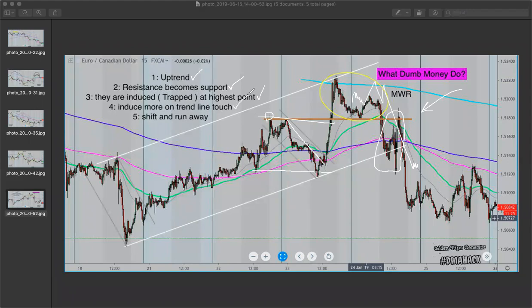So check when induced and retest or respected DMA. This is basically our entry, and then there is shift and run away. Price shifts and then runs away for the rest of the week. And what happens is basically a daily, weekly structure. Again, nothing special. Daily structure, weekly structure, you're good to go.